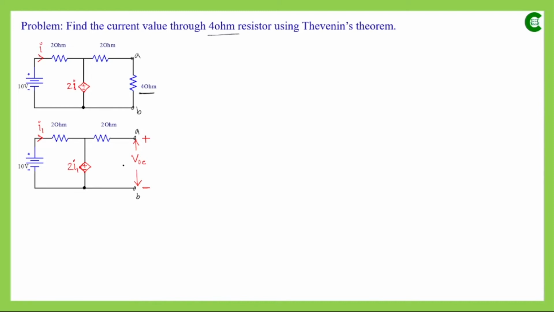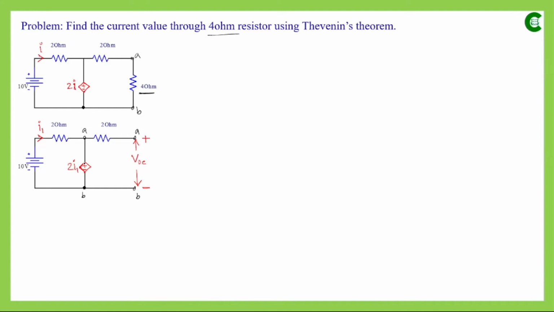That means the VOC will simply be the voltage dropped across these two terminals, that means the measurement of 2I1. So if we can simplify this part of the circuit and find the value of I1, that will give us the voltage drop across these two terminals AB, that means the measurement of VOC.